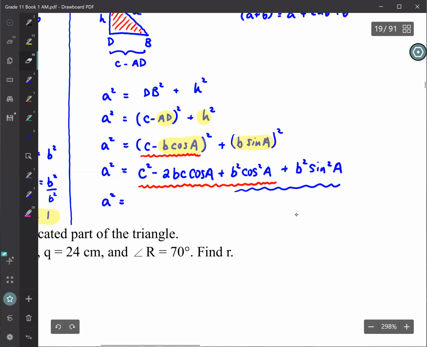So for the blue underline, because they both have b squared, right? So I'm going to factor the b squared out. So b squared will be on the outside. Cosine square a plus sine square a. Any questions?